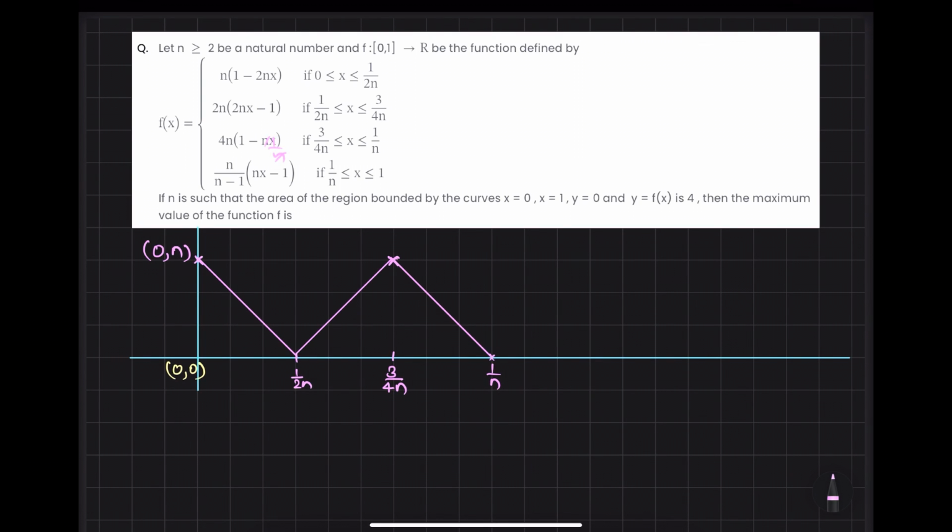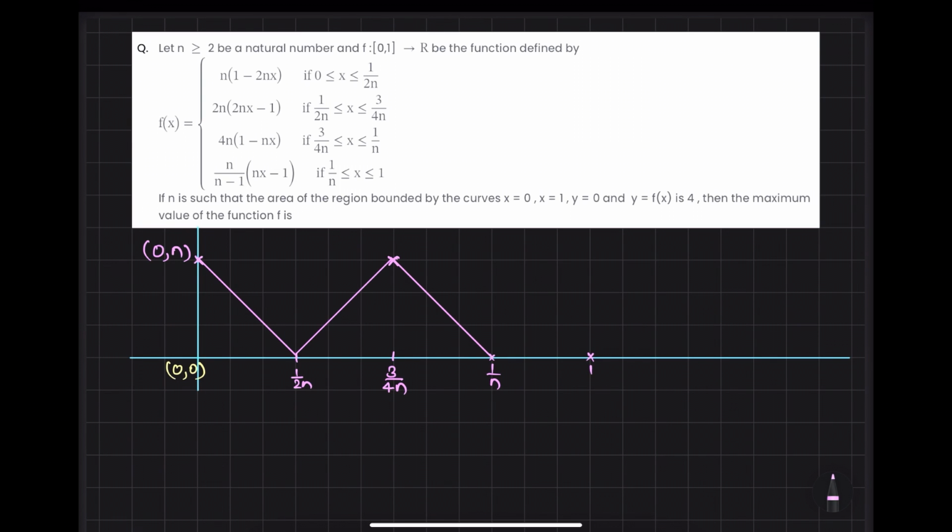Okay. Now let's move on to the next definition part. So we have 1 by n over here. Replace x with 1 by n, done. 1 minus 1 is 0, done. Now we have 1 over here. So suppose that this is 1.